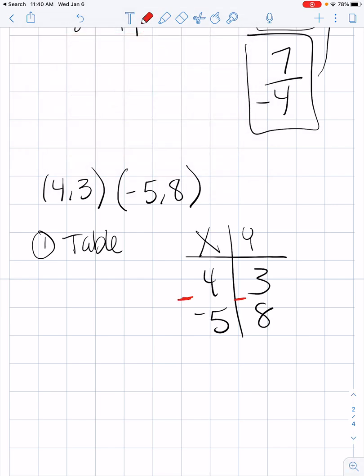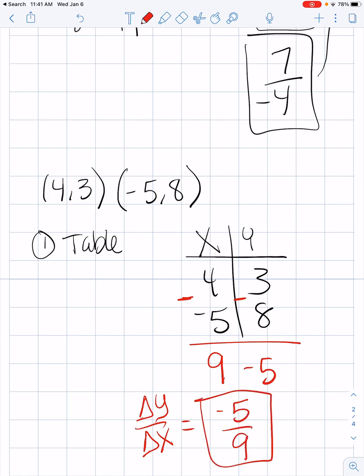Keep the negatives where they are, and then just put in your subtraction signs. You might want to have a calculator on hand. So 4 minus -5 gives us 9, and 8 minus 3 gives us 5. Remember, we write change in y over change in x, so our answer becomes -5 over 9.